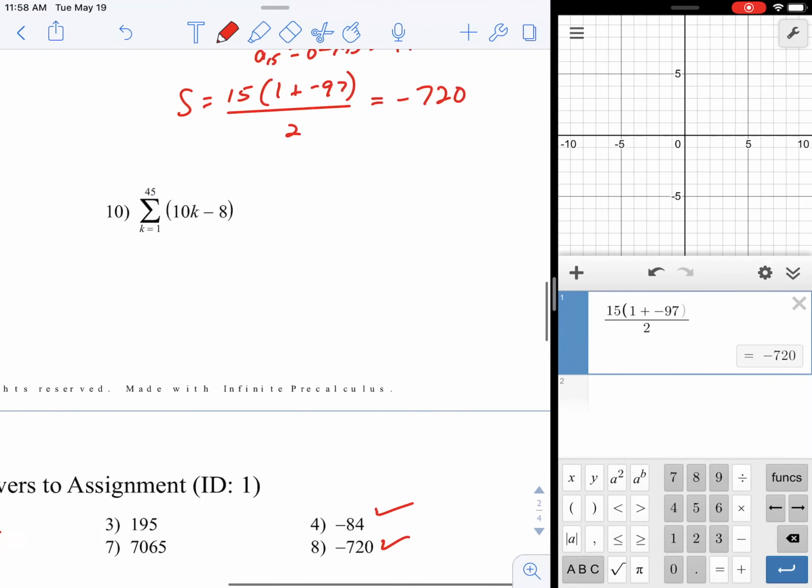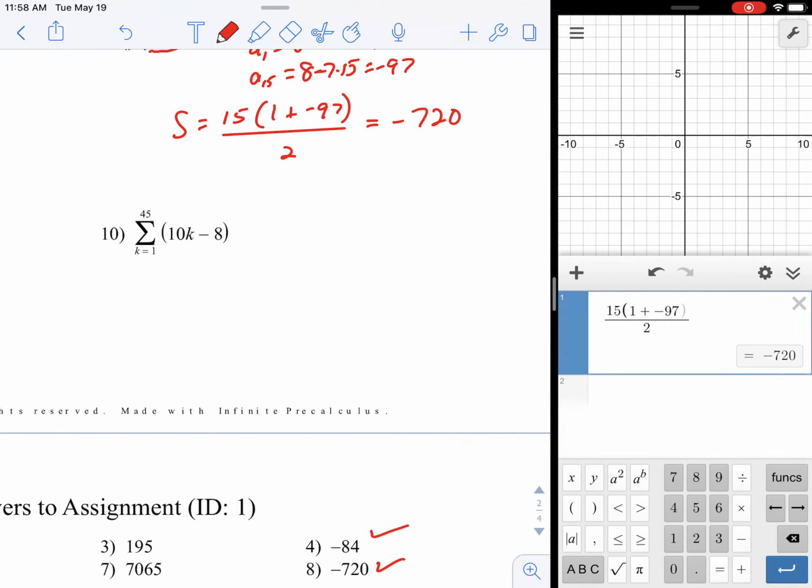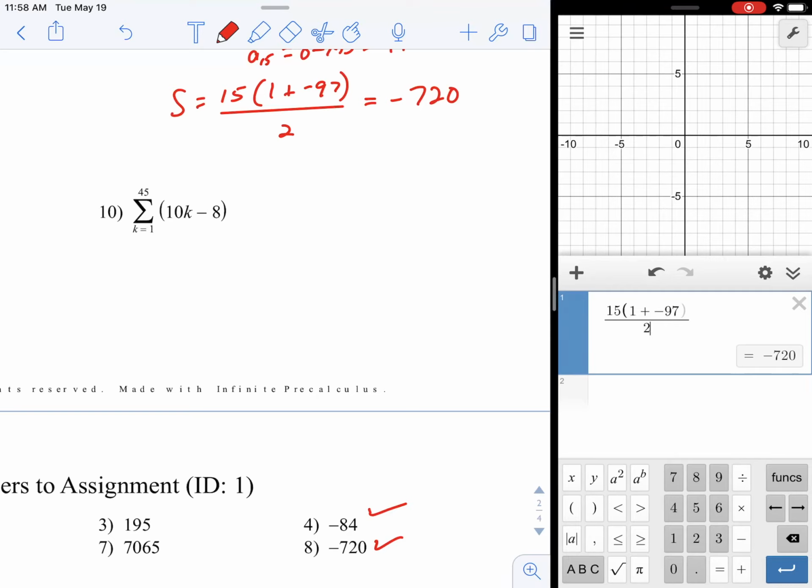Let's see, number 8, negative 720. There it is. One more time. Repetition is good. You see it done a few times. You can watch the video over and over if you need to, and hopefully it'll click. How do you use this formula? So you have to know what n is, what is A1, and what is the final A, which we would call A45. N, of course, is 45.